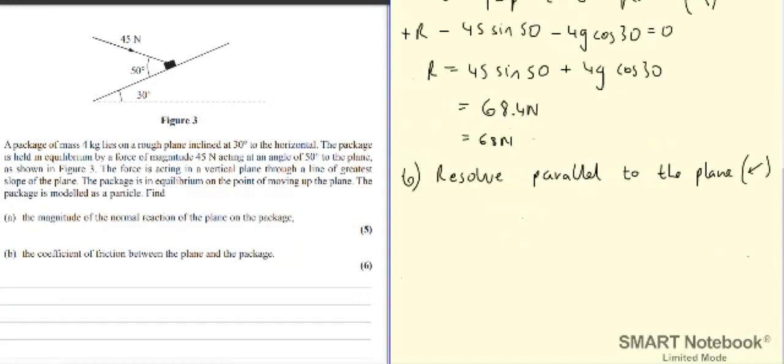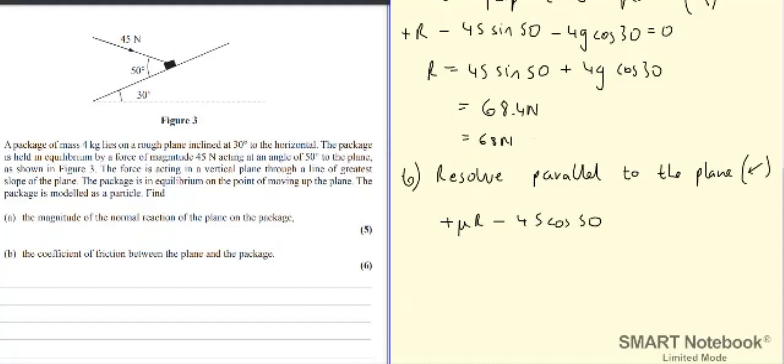Okay, now, what are we going to do next? So all the forces acting parallel to the plane now have to be accounted for. So we've got positive mu R. Now part of that 45 newtons was acting up the plane, so it's going to be negative. So we've got minus 45 cos 50.